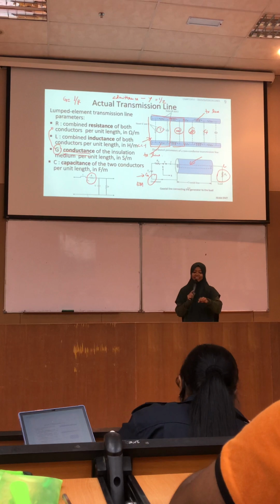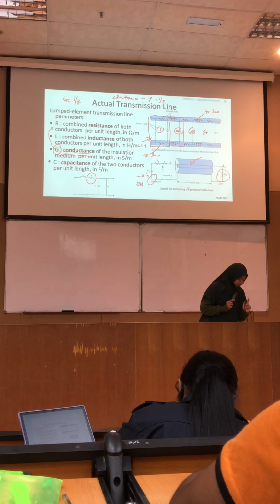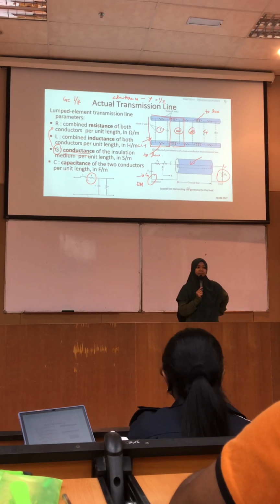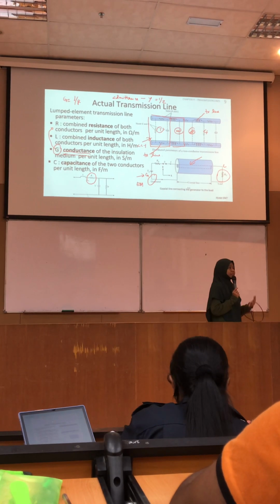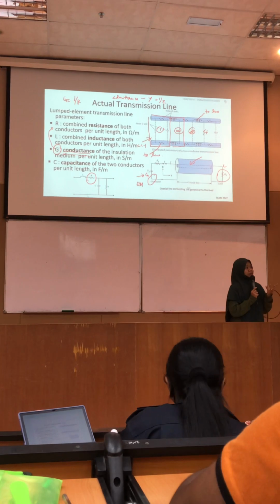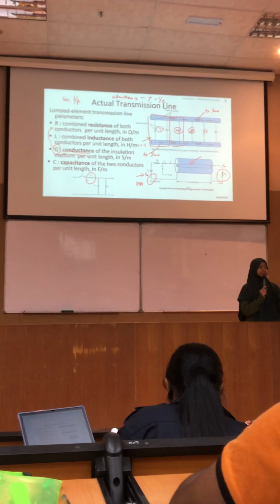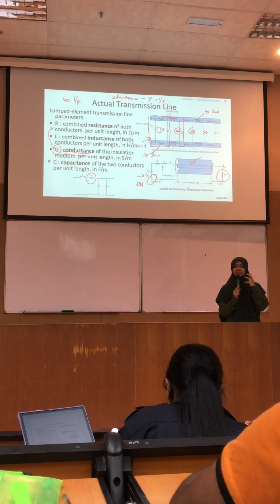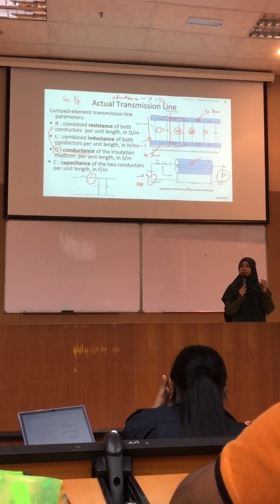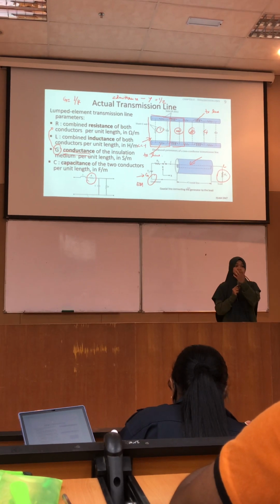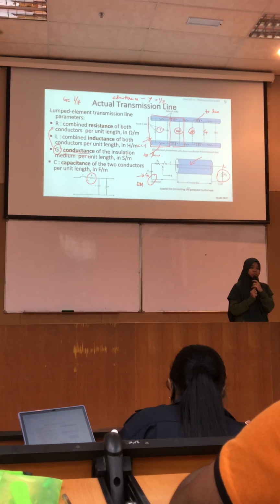Why in transmission line do we have to use L and C? Why in lumped element circuit do we have L and C? Why do you learn in circuit 1 or 2, 3, some learn up to 3, you learn lumped element, you learn circuits constituted of R, L and C. Because of AC. Okay, more? Which part is AC?